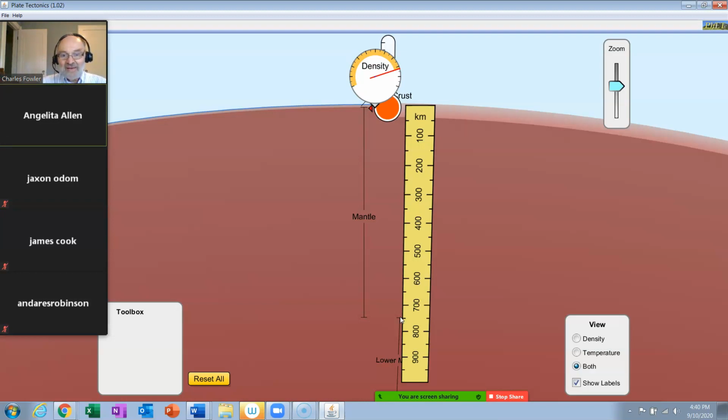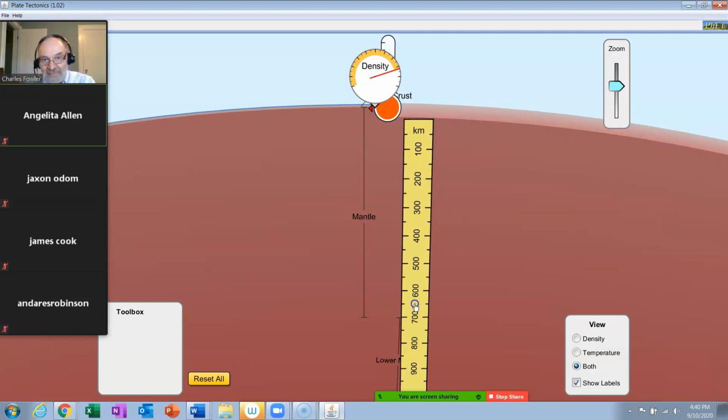What is the approximate thickness of the upper mantle? Approximate thickness of the upper mantle. Okay, so what I'm going to do is bring the ruler down here to the bottom of the crust, and that looks like right around 700 kilometers.